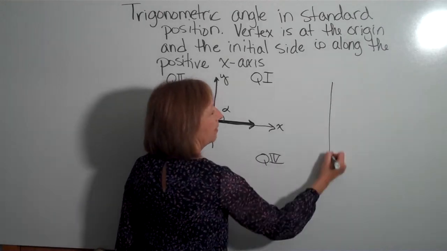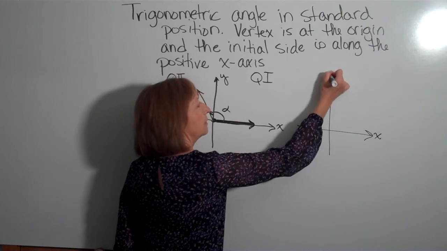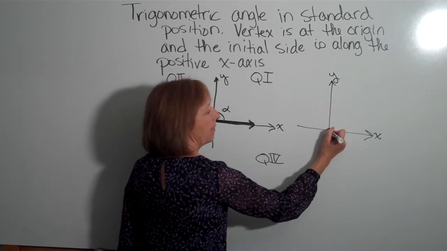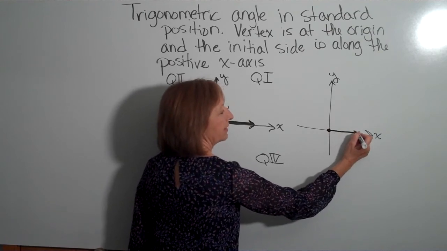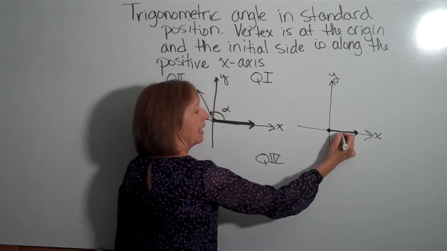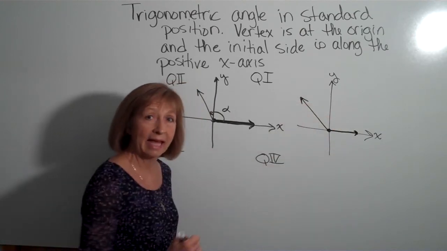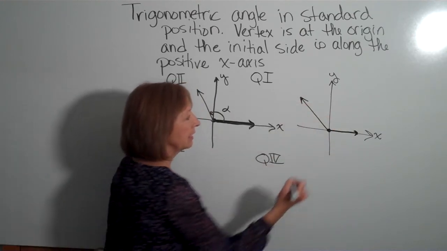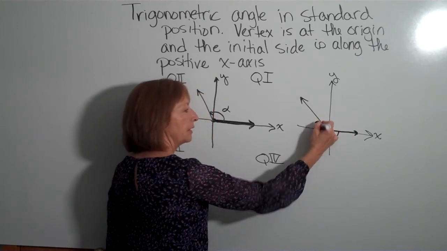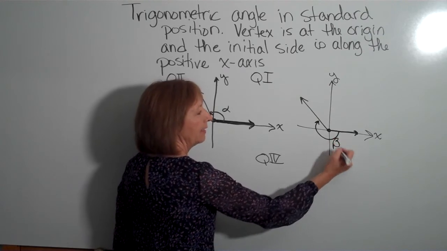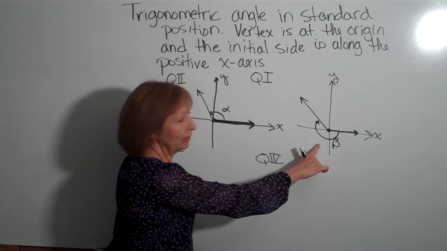If I have another angle, and I have my vertex at the origin, my initial side along the positive x-axis, and let's say I again have my terminal side of my angle in the second quadrant, but I show the rotation down and around, I'll call that beta. Well, this angle is a negative angle.